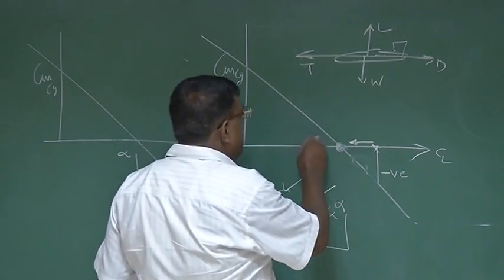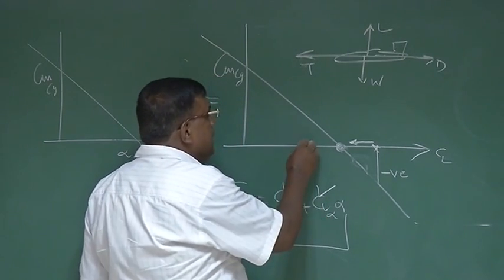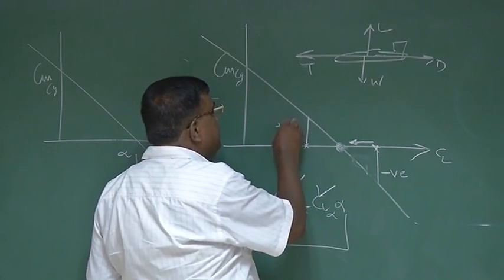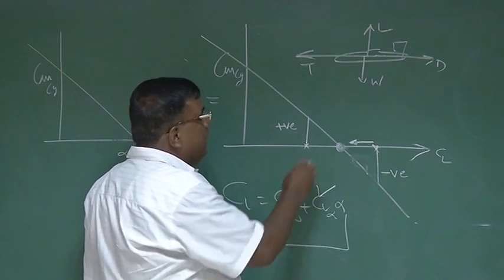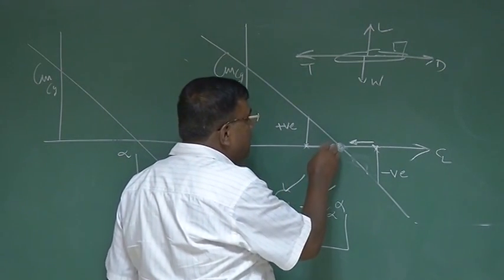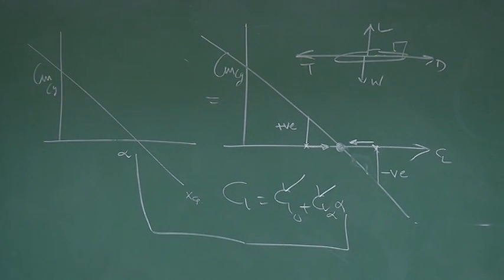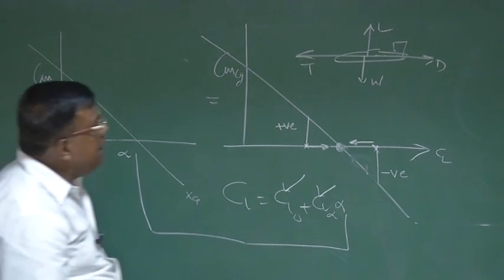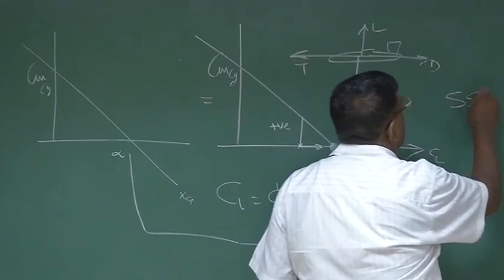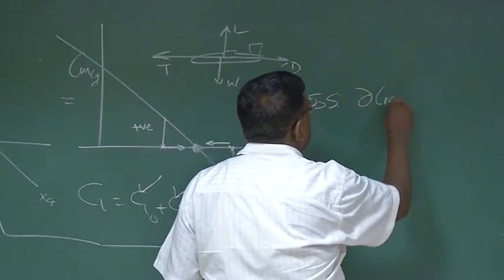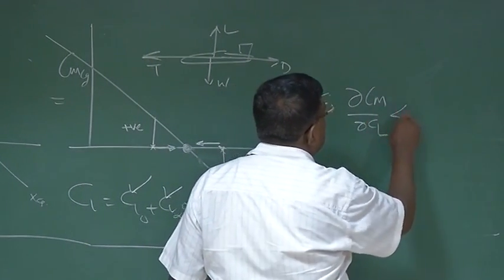Similarly, if there is a reduction in Cl, then this aircraft will generate a positive pitching moment, which again gives an initial tendency to come back to the equilibrium. So we see that indeed about the equilibrium, as the Cl is changing, it has an initial tendency to come back to the equilibrium. So for static stability, dCm by dCl should be less than 0.